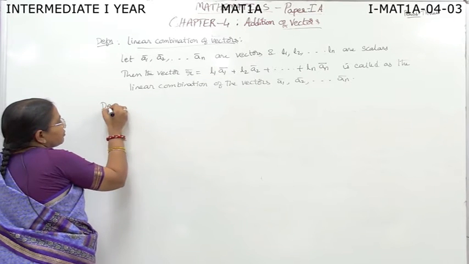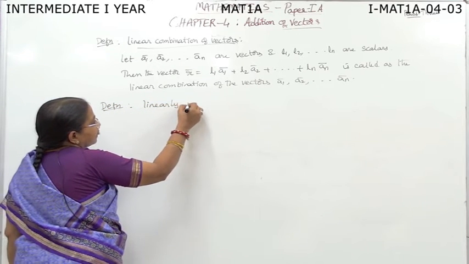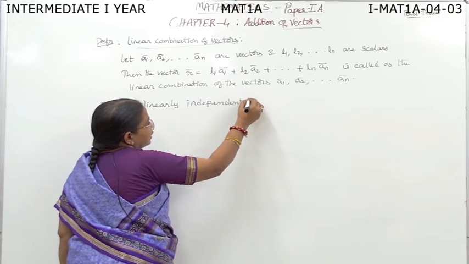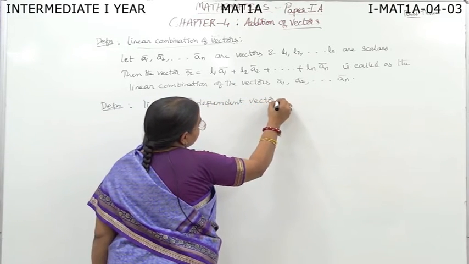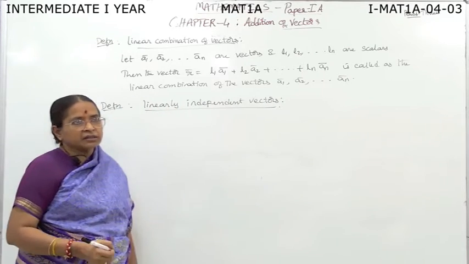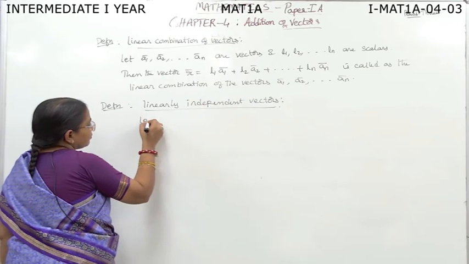The next definition is linearly independent vectors. So what are linearly independent vectors? Here also you take n vectors and n scalars.